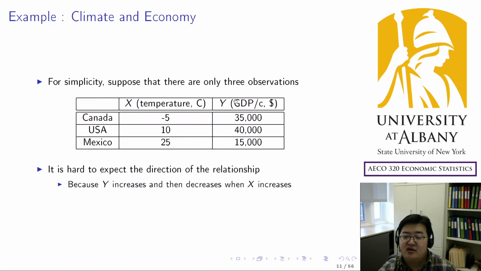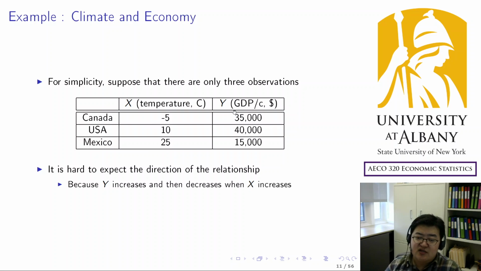And GDPs are also simplified. The per capita GDP is 35,000 in Canada, 40,000 in USA, and 15,000 in Mexico. Right? So suppose that these 3 by 2 numbers are all the data we have.